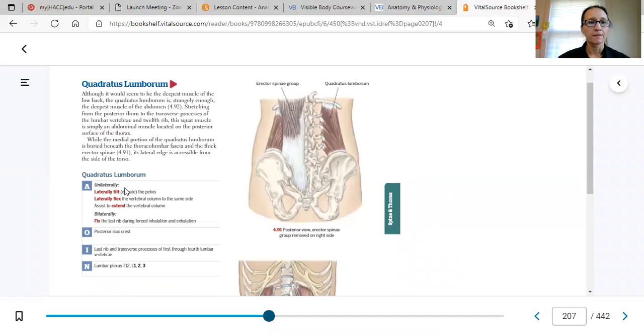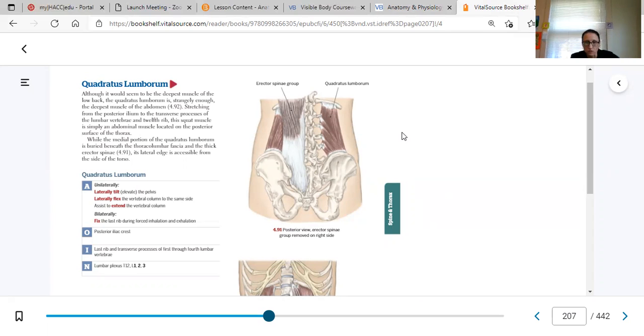Unilaterally, though, we have a couple of different actions, and this is where they can switch. So we have lateral tilt of the pelvis, which is actually elevation of the pelvis. So QL is also known as a hip hiker. So if you're standing on one leg and you bring your hip up to your shoulder, that is hip elevation.